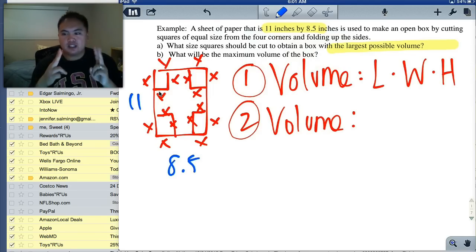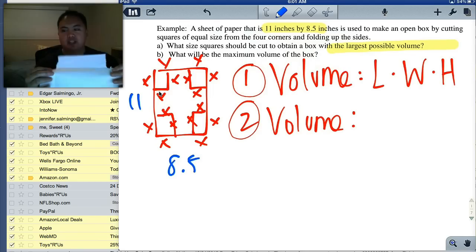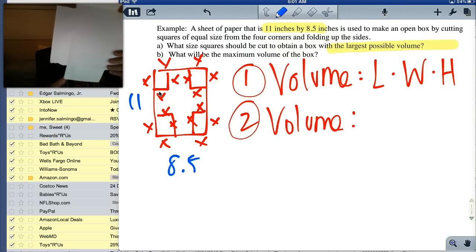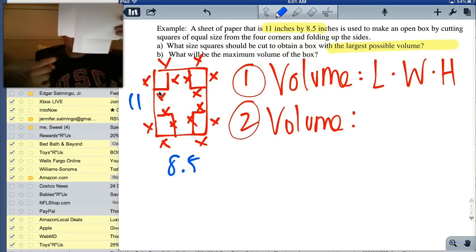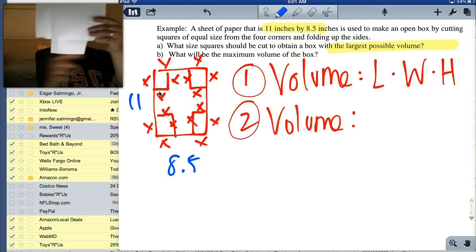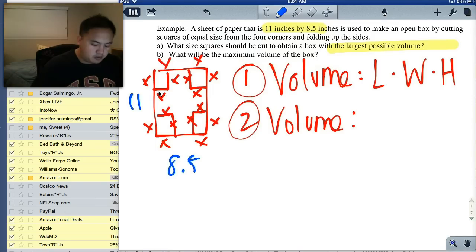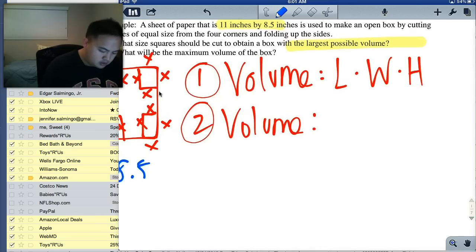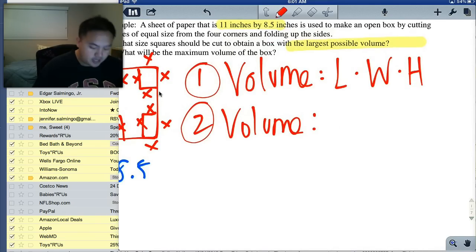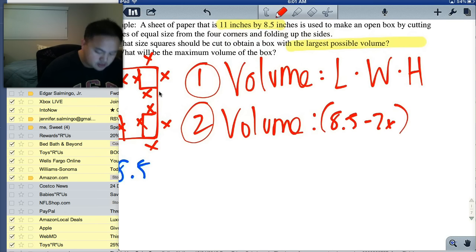Now, when I cut the squares out of this thing, the new length is not 8.5 anymore. You agree? This is now 8.5 minus the squares. So would you agree the new length is not 8.5, but actually 8.5 minus 2x?